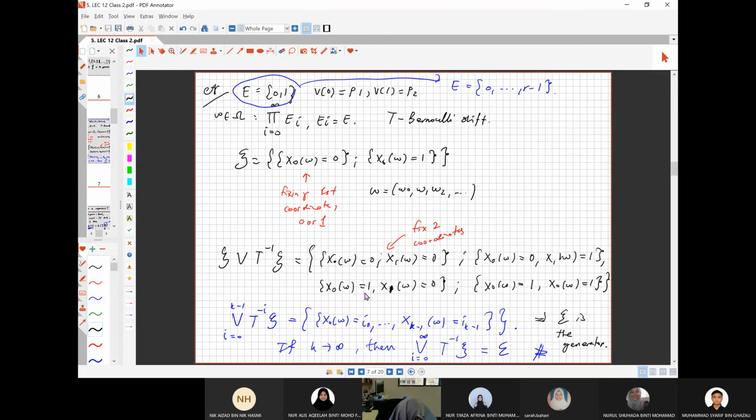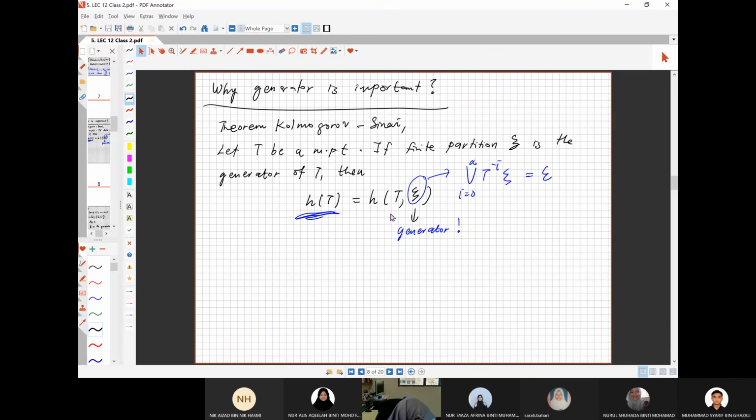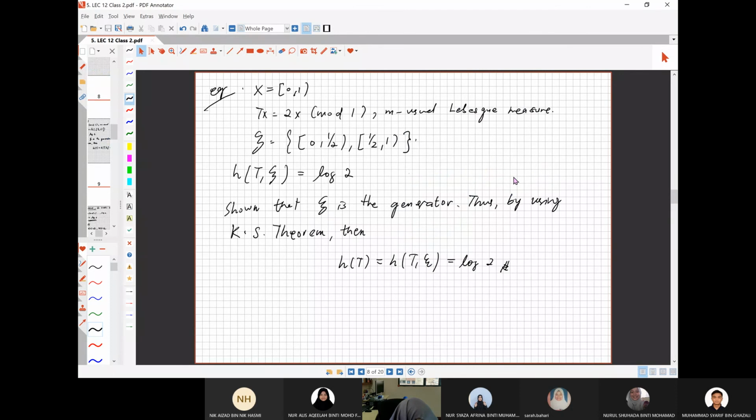Okay, so in Bernoulli, we also find that psi is the generator. According to the Kolmogorov-Sinai theorem, if psi is the generator, then you can find the entropy of the transformation, which means that it is the same as the relative entropy.